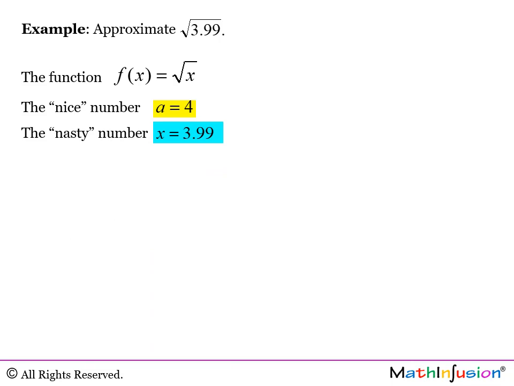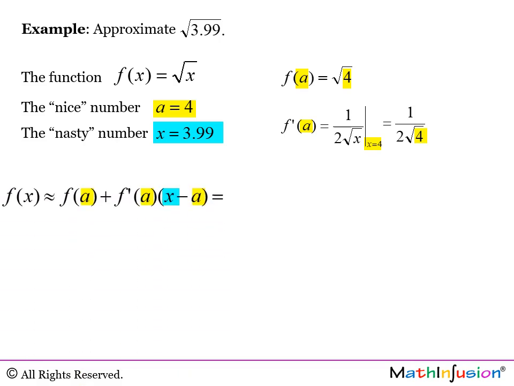It is the nasty number. It's a number which is not nice, and that's why we have to approximate it. If it was nice, we wouldn't have to approximate. f of a is this, which is 2. f prime is 1 over 2 square root of x at x equals 4, which is 1 over 2 times square root of 4, which is 1 over 4.